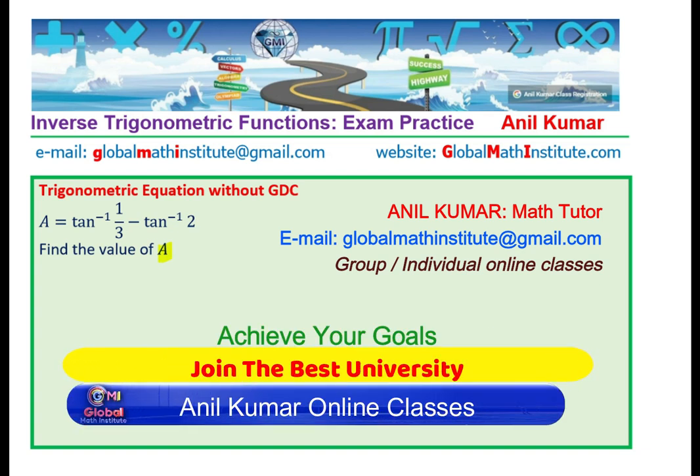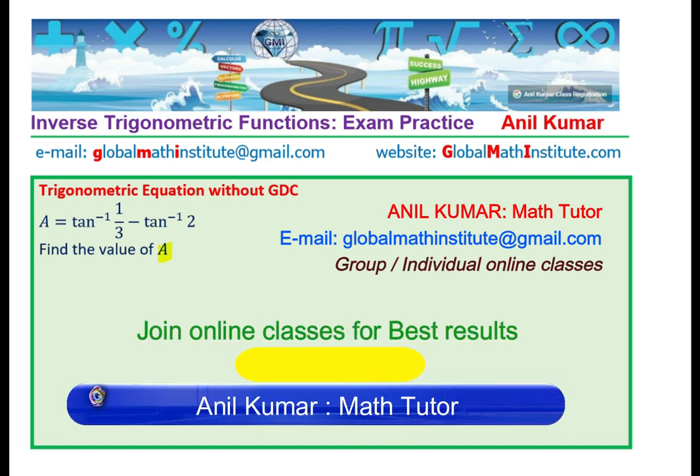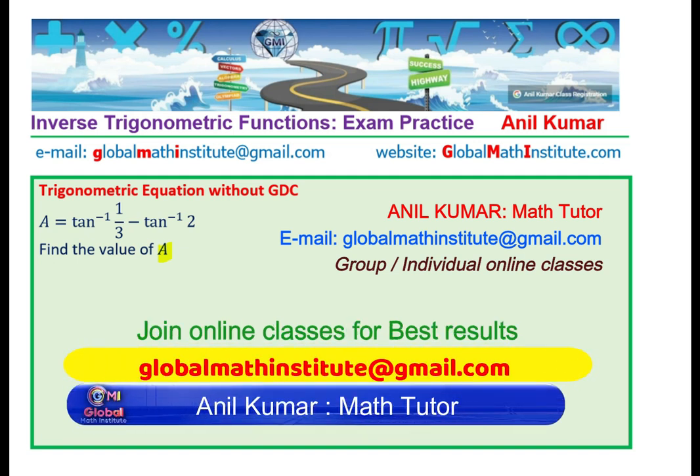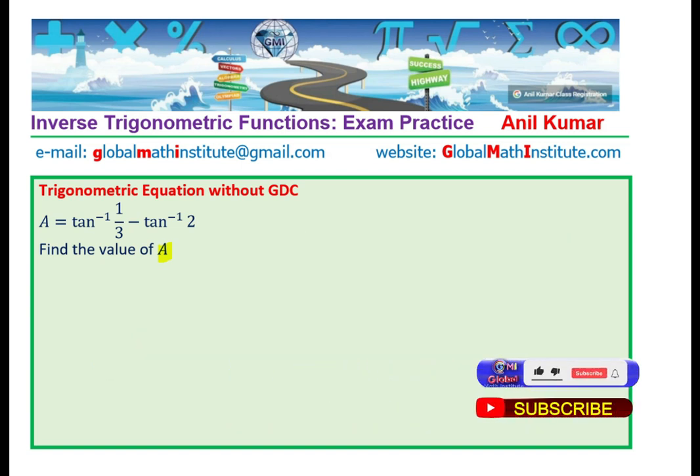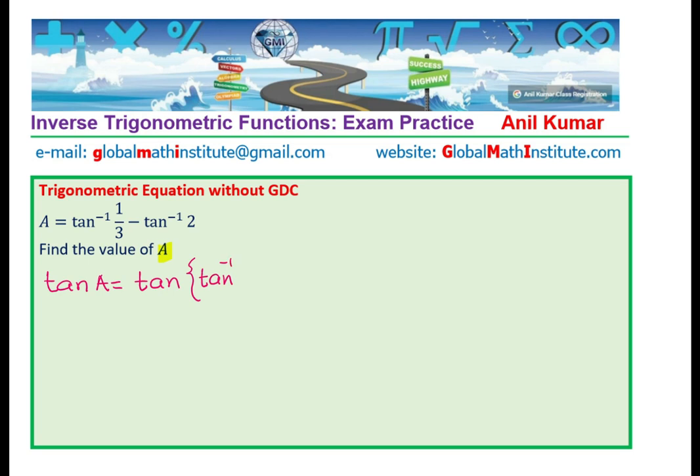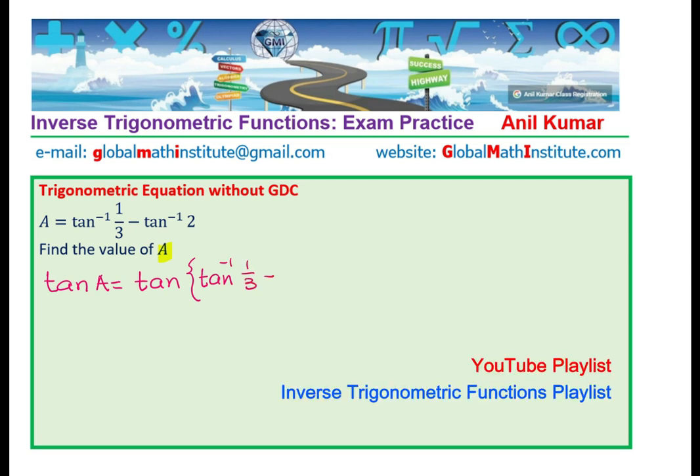Now let's take up the solution of the given problem. Since we need to find the value of A, how about taking tan on both the sides, right? So we'll begin by writing tan A equals tan of all this, which is tan inverse of 1 over 3 minus tan inverse of 2.